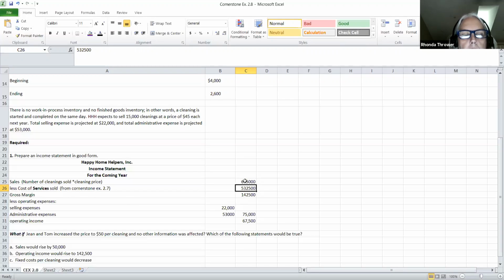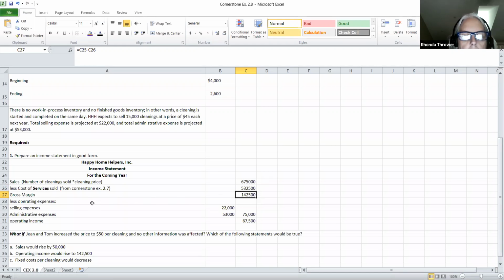And the difference between the cost of services sold and the sales is the gross margin. Notice that the terminology here, instead of saying cost of goods sold, is talking about services because we are a service business. The gross margin or gross profit is calculated exactly the same way. We would subtract our cost of services from our sales to get our gross margin.